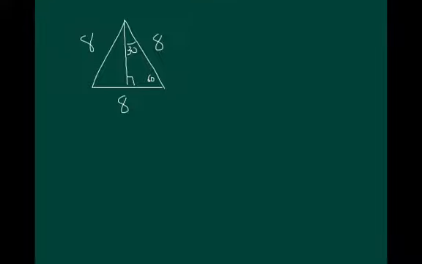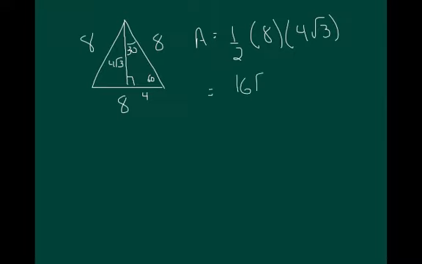So we have a 30, 60, 90 triangle on the right side. If the hypotenuse is 8, then half of the base will be 4, and the altitude will be 4 root 3. So finding the area is as simple as taking 1/2 the base times the height, which simplifies to 16 root 3.